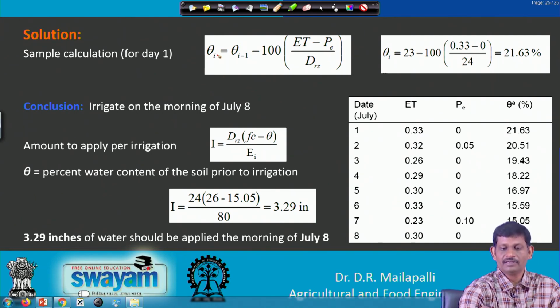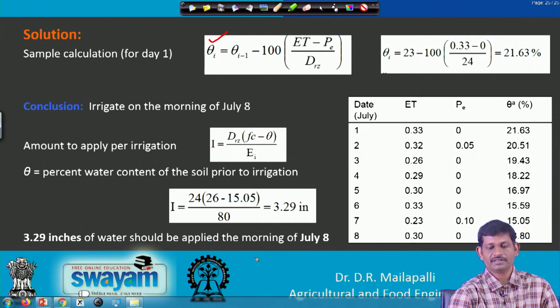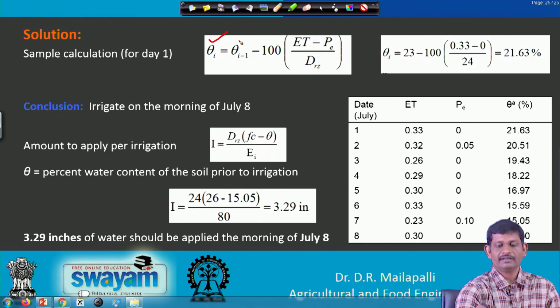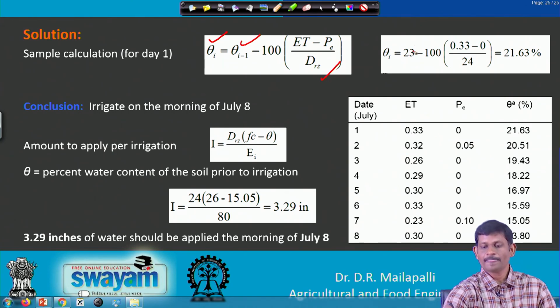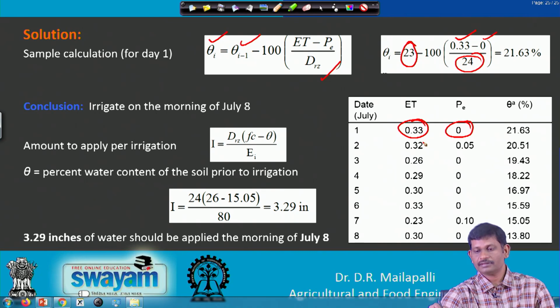For day 1 we use the volume balance equation, theta i current day equals theta i minus 1 minus 100 times (ET minus PE) divided by DRZ. So, 23% was the first day, minus 100 into the corresponding day's values: for the first day ET is 0.33 and PE is 0, and 24 inches is the DRZ.